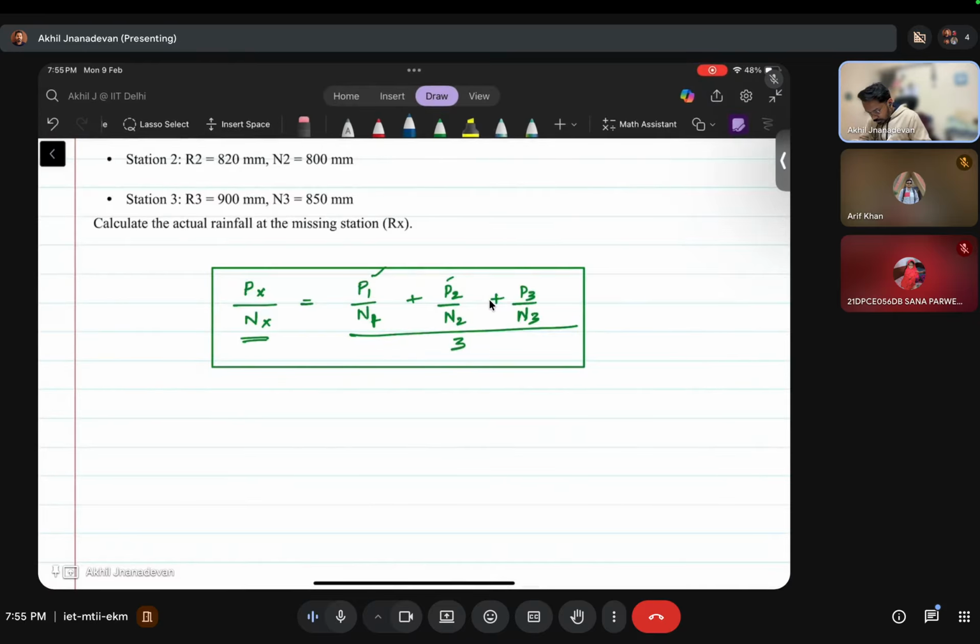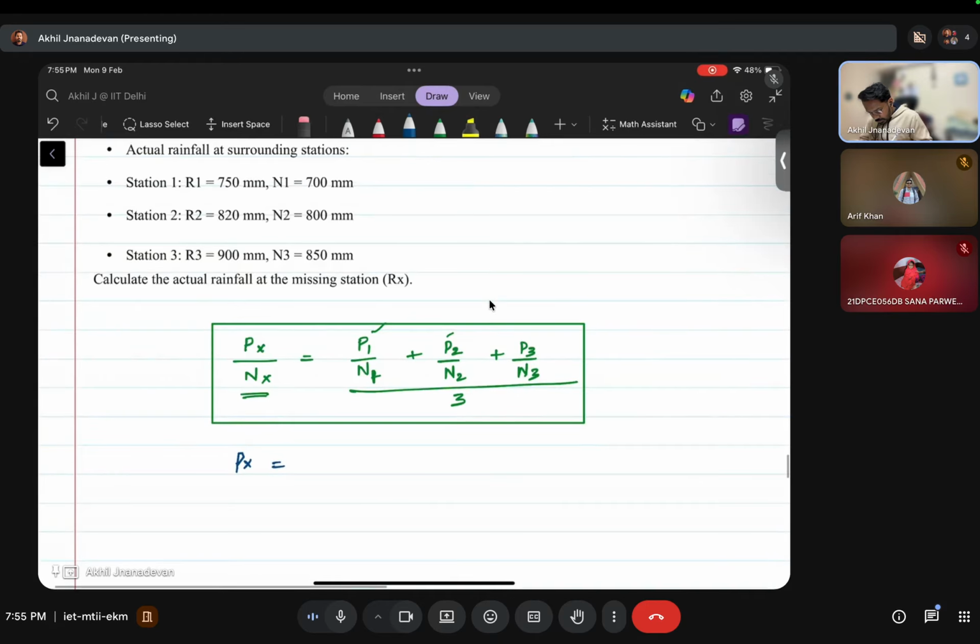So we need to find Px. P1 is 750 by N1 is 700, plus 820 by 800, plus 900 by 850, divided by 3.